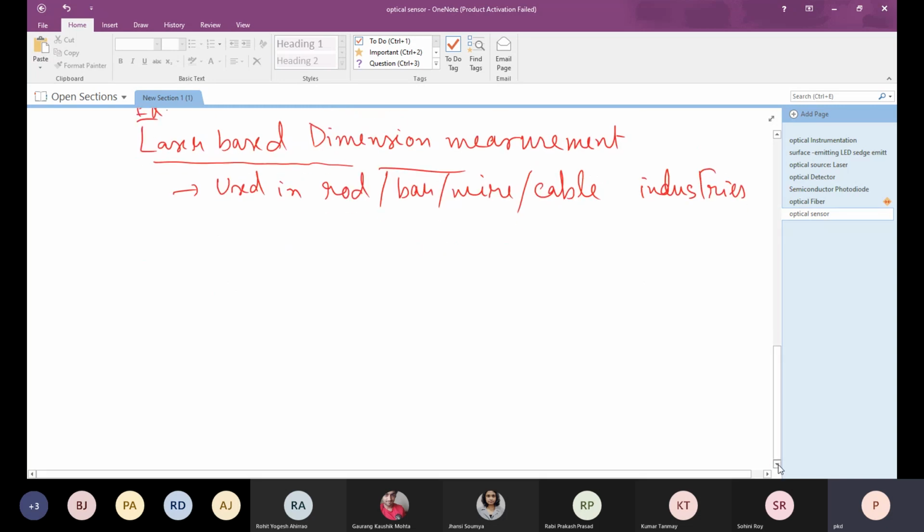While fabrication of optical fiber is going on, the diameter needs to be monitored constantly. Basically it is a non-contact type of measurement. That is the advantage.